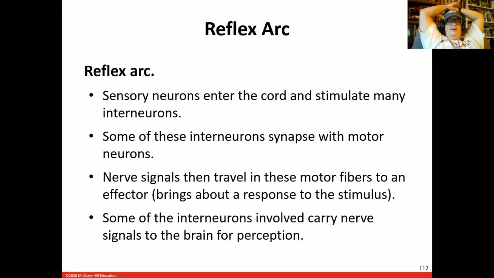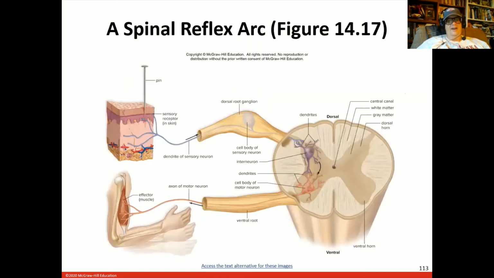So you have sensory neurons entering the spinal cord, and they stimulate a bunch of interneurons. The interneurons synapse with the motor. Yeah, lots of words. It's much easier to understand if you're not freaking out about the words. So the signal will travel in the motor nerves to the effector. In this case, that we're about to show you, it's a muscle. And some of the interneurons will carry it up to the brain, so the brain knows something even happened.